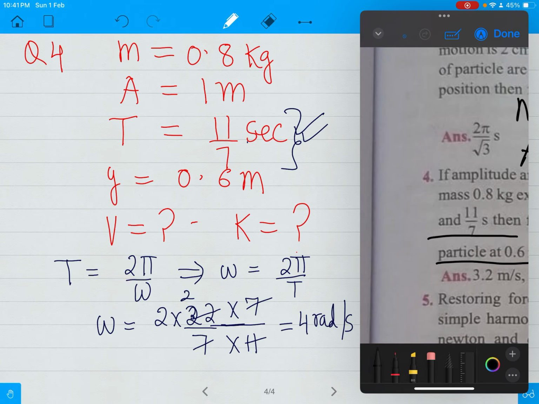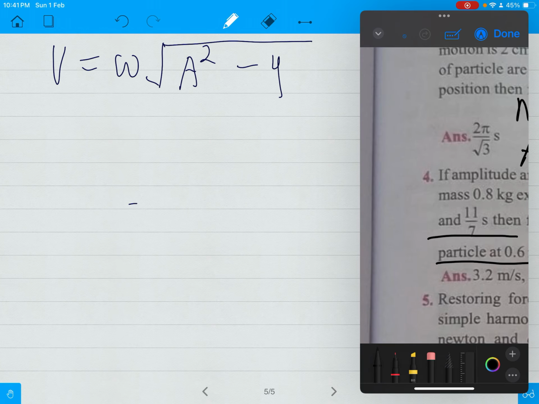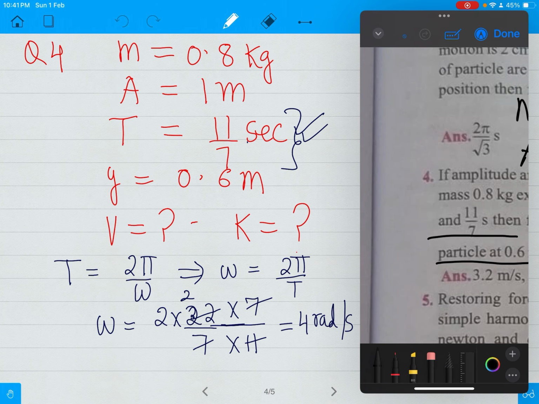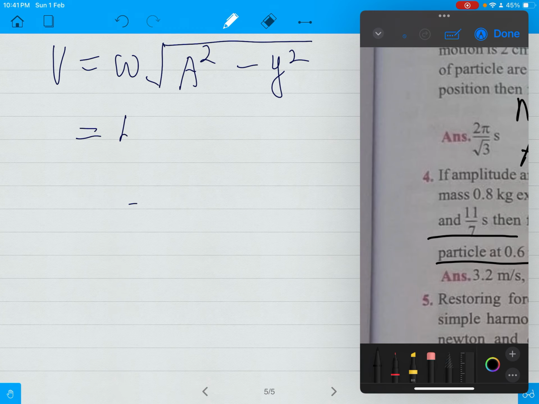Now what is the formula of V? You already know V equals omega root of A square minus y square. Now in this formula all the values are given. Omega is this, A is this, and y is this. You substitute. Omega equals 4, A square is 1 square minus 0.6 square.